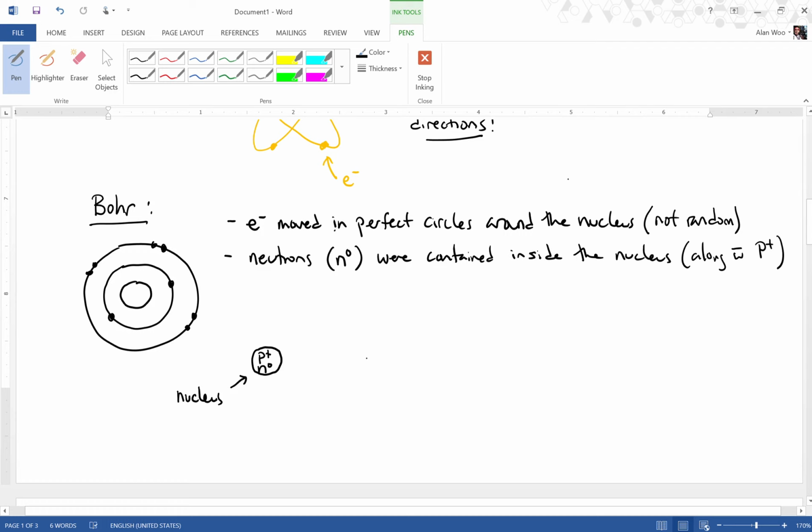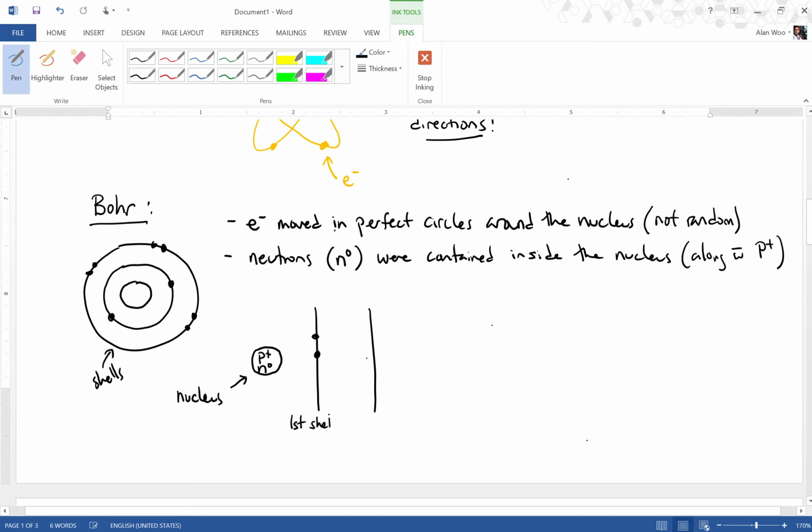But instead of drawing the shells around the nucleus, I use vertical lines to represent the shells, like this. So in that first shell, you can hold 2 electrons.